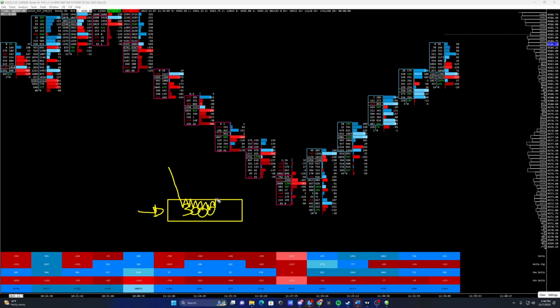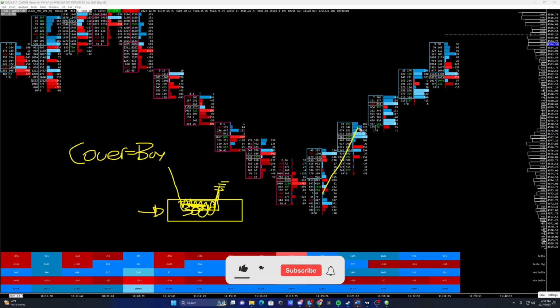Now, as soon as this price starts lifting up, what happens? All of these aggressive sellers that were sitting in here, price starts lifting, they're going to do what? They're going to cover. What is a cover? A cover equals a buy order. Okay? As price is moving up, if shorts are covering their position, they're essentially buying right here. And what are buyers doing when they see something like this?